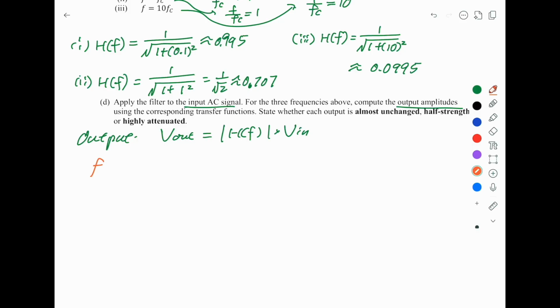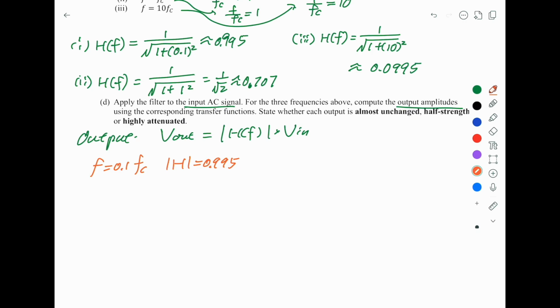When f equals 0.1 fc, the amplitude of the transfer function is 0.995. So you can see this frequency is only 10% of the cutoff frequency, and the transfer function is close to 1, so it's a low frequency.